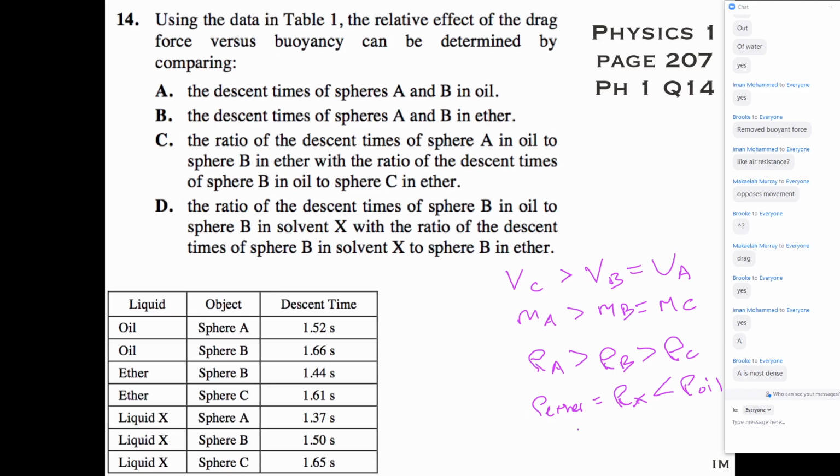Actually, I'm going to go with the real symbol. I apologize for that, but they tell me the viscosity of ether is less than the viscosity of X, which is equal to the viscosity of the oil. Ooh, a lot of information to keep track of. So these are for my solids. This is for the liquid.